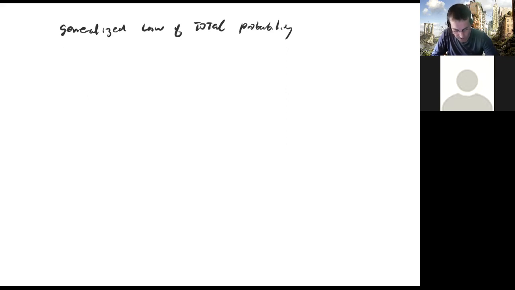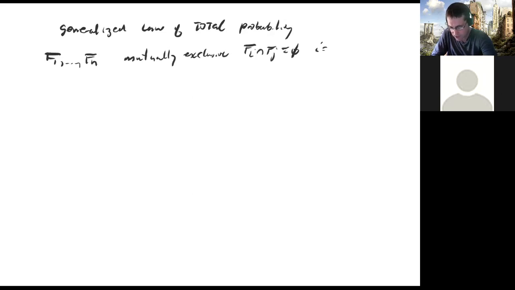Suppose I have events F1 through Fn, and I want them to be mutually exclusive, which means that Fi intersect Fj is empty if i is not j.